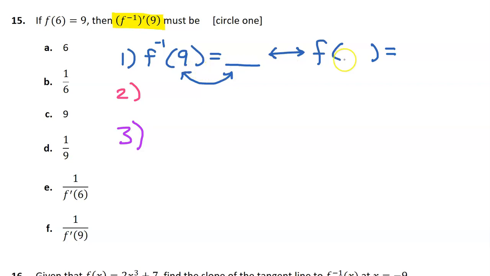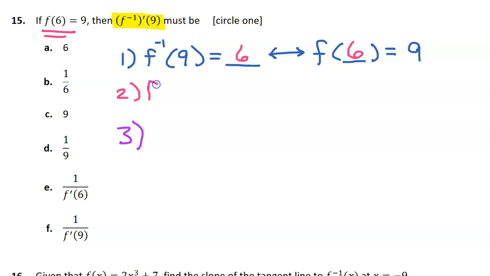So that means that the blank will go here and the 9 will go here. So the original function f at what will equal 6? Well, we don't need a whole chart. All we need is right here. f at 6 is equal to 9. So this value is 6, which means this value is also 6.